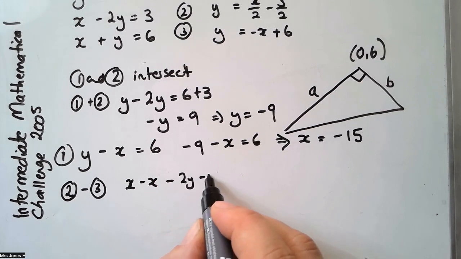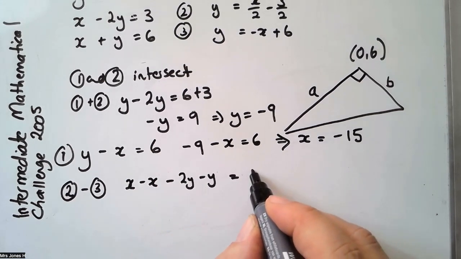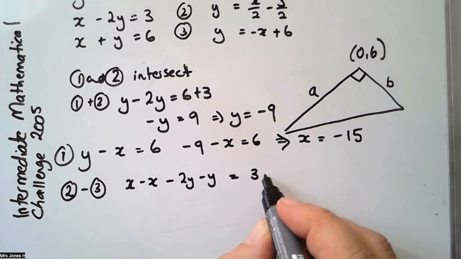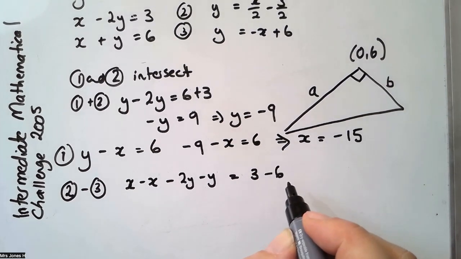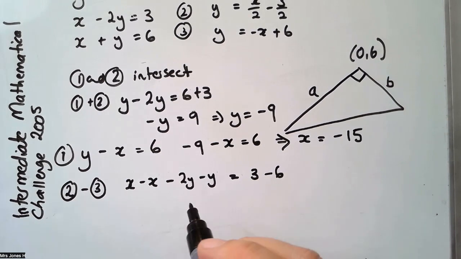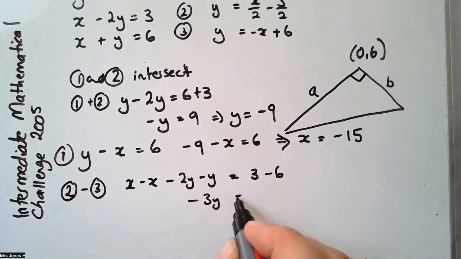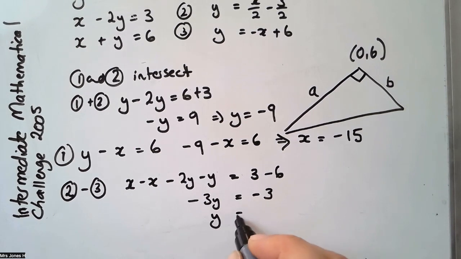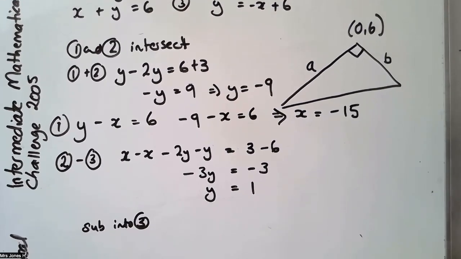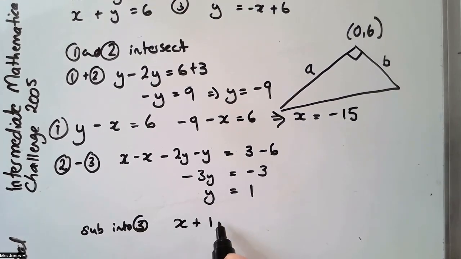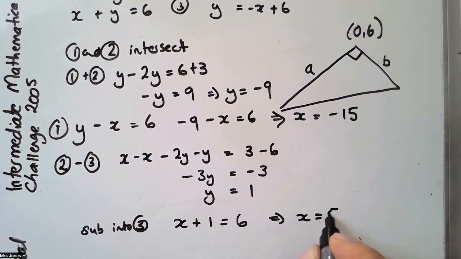Negative 2y subtract y equals 3 subtract 6. And then we're going to substitute this back into 3. Giving us x equals 5.